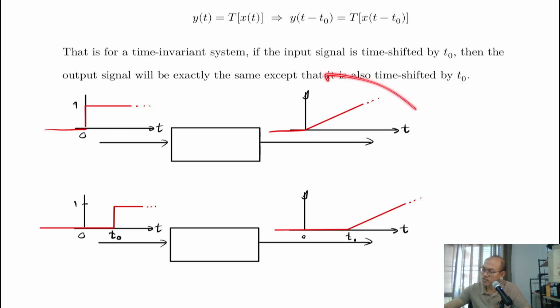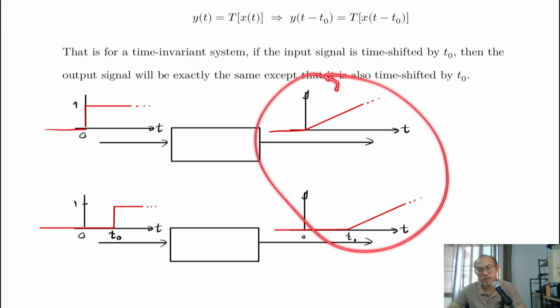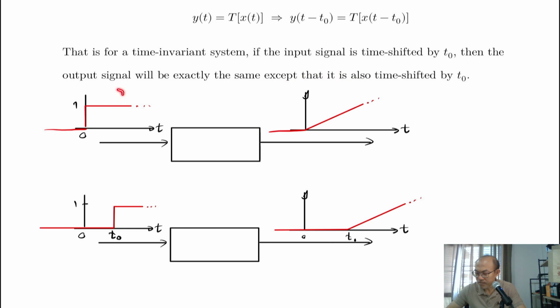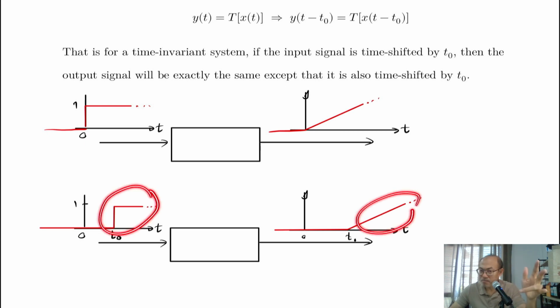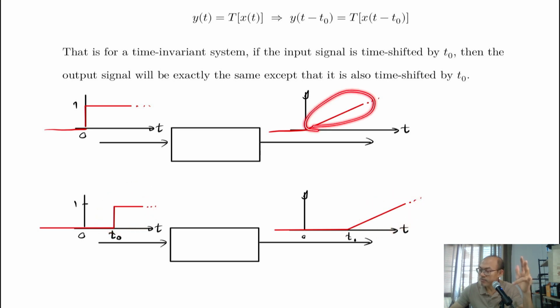So here, these two output signals are exactly the same for the same input signal. These two input signals are the same, just that the bottom signal is applied some time later. So the output has to be occurring at some time later, but it has to retain all the characteristics, because the inputs are the same.